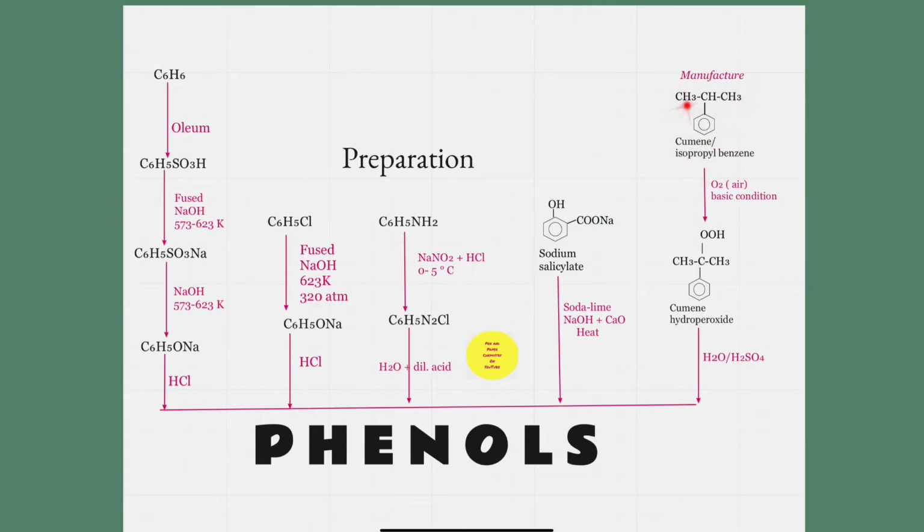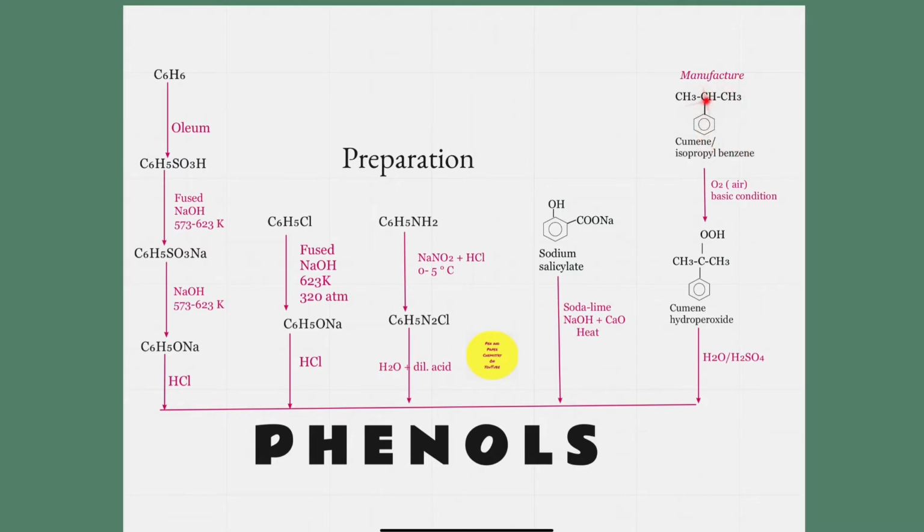Can you give me the IUPAC name of this compound? Try it. Go ahead. Yes, correct. Because here our benzene has greater number of carbon atoms and there are no functional groups over here, this becomes my primary or the parent hydrocarbon, which is named as benzene.